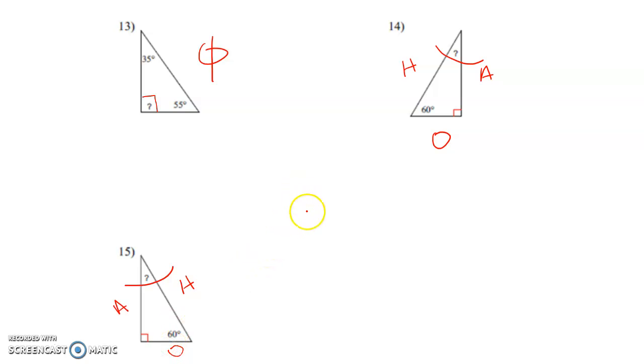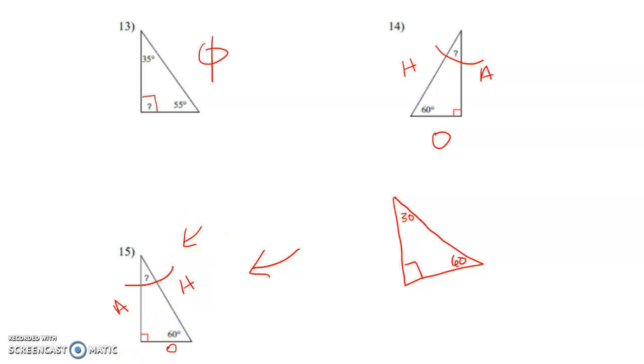Now the one thing I want to tell you about here is, let's say we're working with this triangle, and we've got our 60-degree angle here. We know this is our 30-degree angle, and they're telling you that the 30-degree angle is your angle of interest. Well, then this is how you label your triangle.